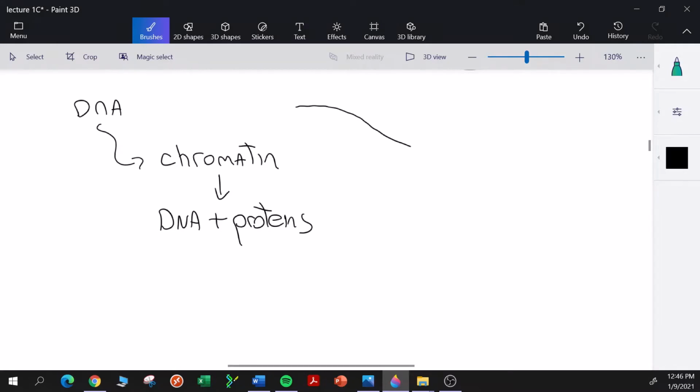Let's say in a nucleus. If I say nucleus, we know we're talking about a eukaryotic cell because prokaryotes don't have nuclei. Now, in the nucleus, DNA is going to be found in a complex with lots of different proteins, but most commonly histone proteins. And I have just diagrammed an octamer of histones.